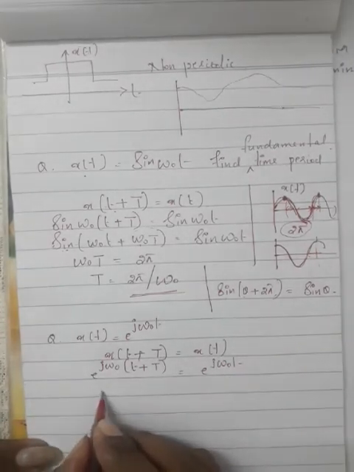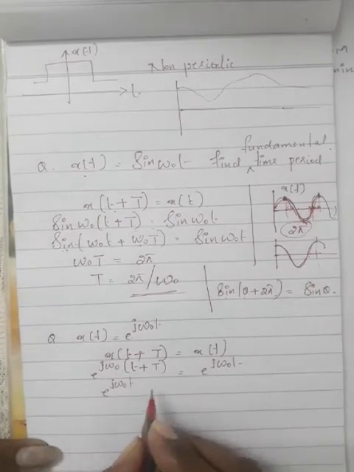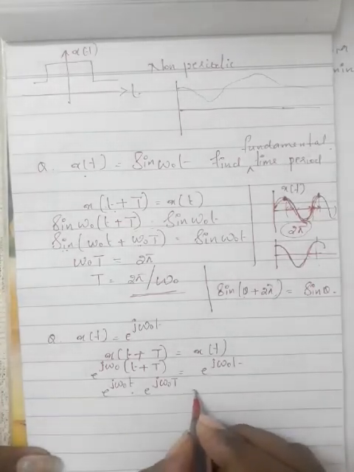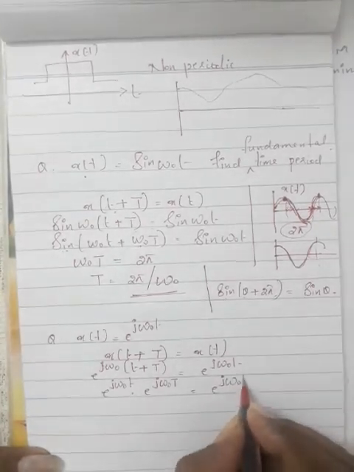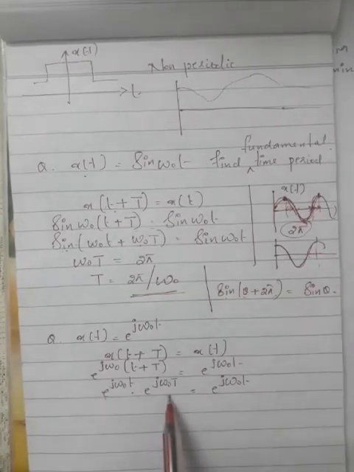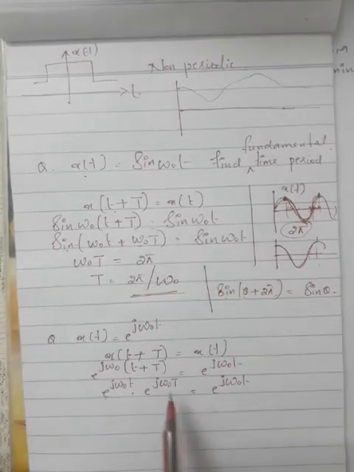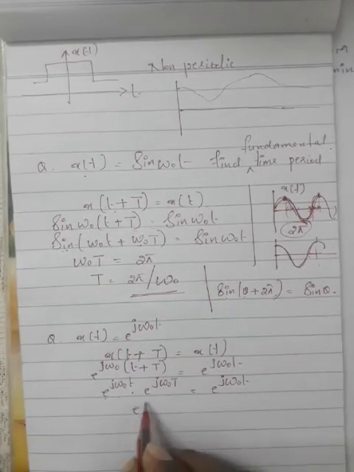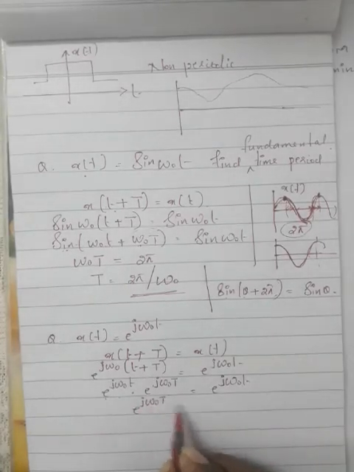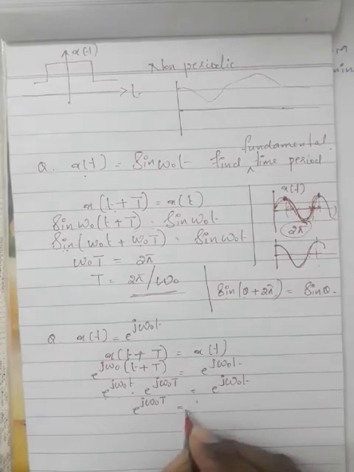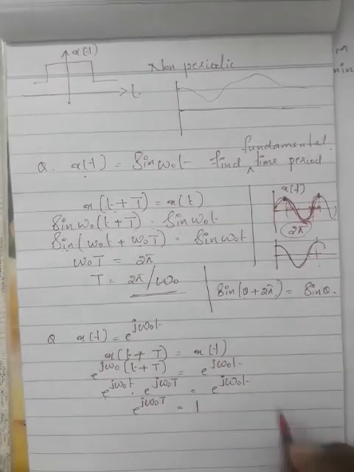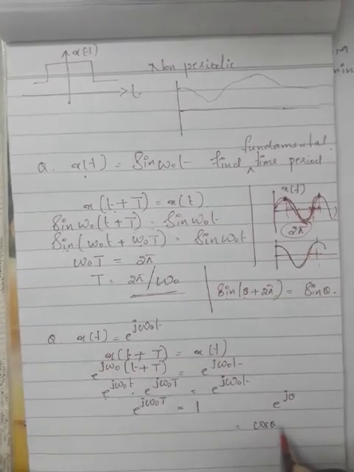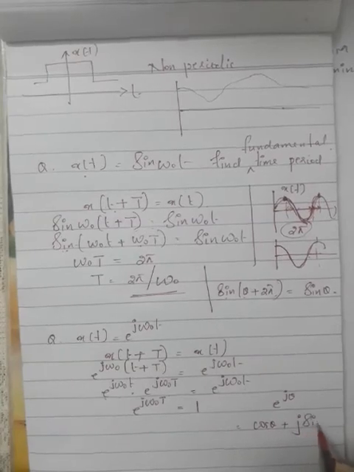This can be written as e raised to j omega 0 t into e raised to j omega 0 capital T, and it should be equal to e raised to j omega 0 t. The left side will be equal to the right side only if e raised to j omega 0 capital T is equal to 1. Now e raised to j theta is equal to cos theta plus j sin theta.